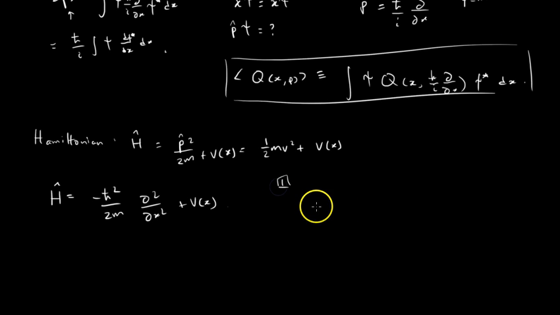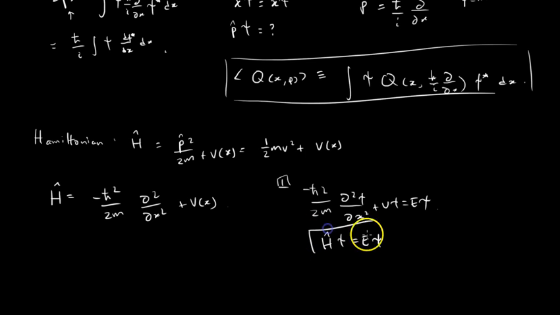It was equation 1. Let me just remind you. This is what it looked like. And you can see, another way to write this is that we have H psi is equal to E psi.